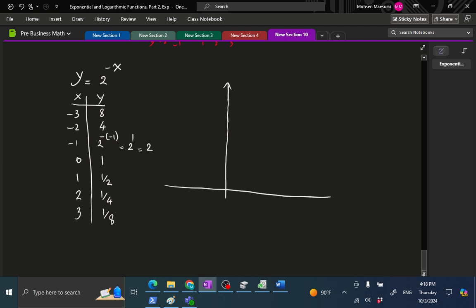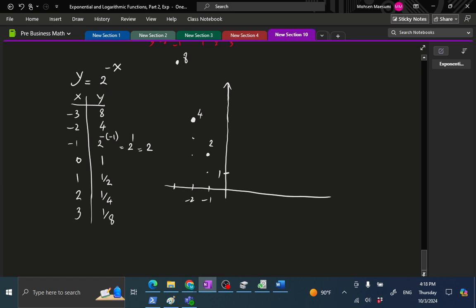at 0, as usual, we have 1. At -1, we have 2. At -2, we have 4. At -3, we have 8. So 8, 4, 2, 1.